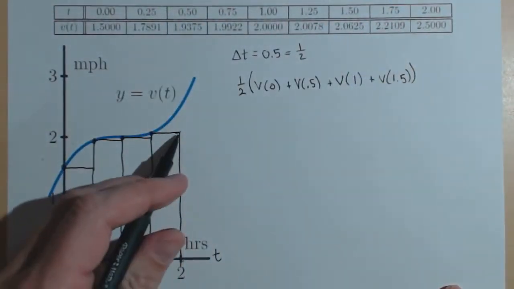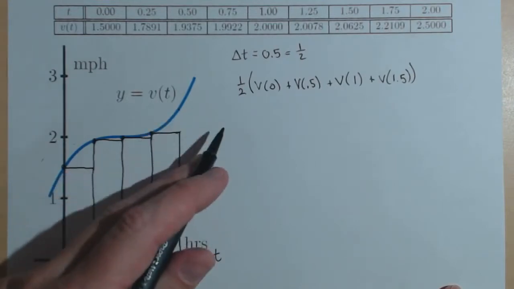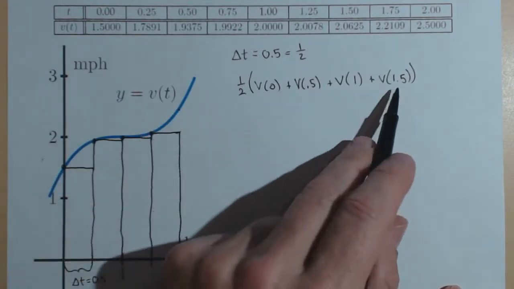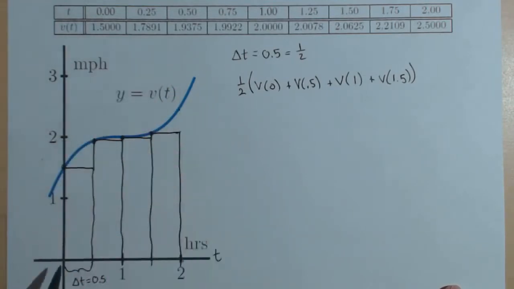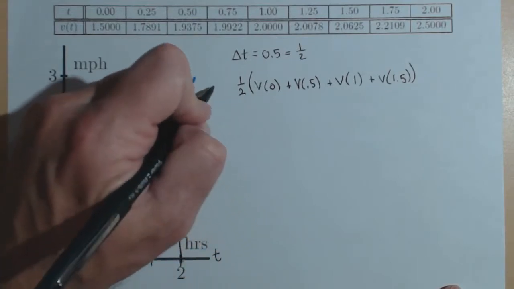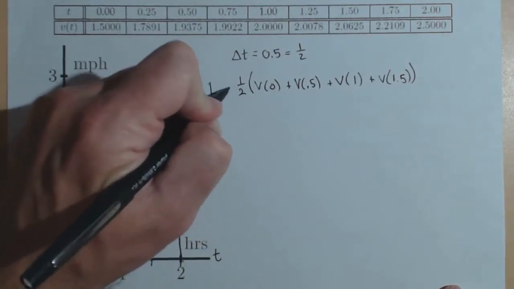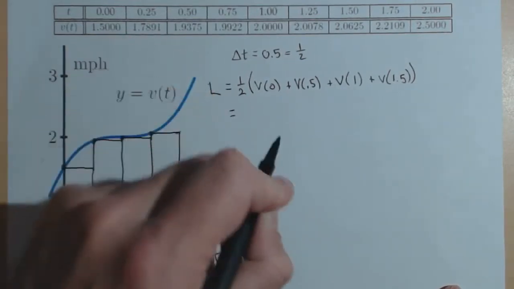Notice I don't use 2, because that would put me all the way up here and make another rectangle. We only have 4, so there are our 4 heights. This is going to give us an estimation of the distance traveled between 0 and 2. I'm going to call this L for the left-hand rule or left-hand sum.